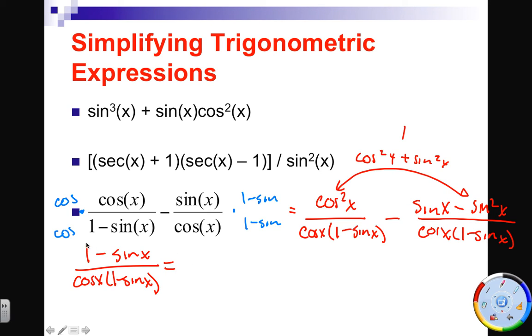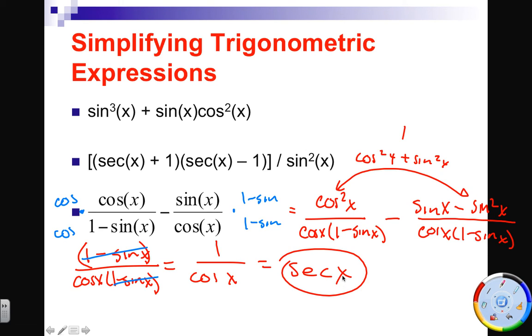Well, I hope you see that the numerator has something in common with the denominator here. And they have this 1 minus sine x in common, which means I get 1 over cosine x, which is secant x. See, it's not too bad, I hope.